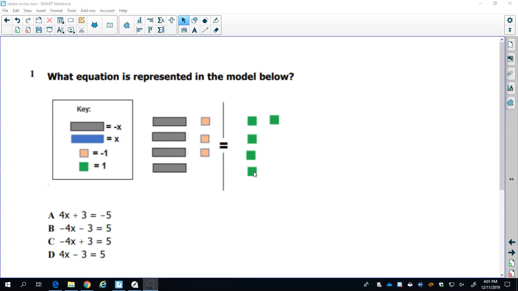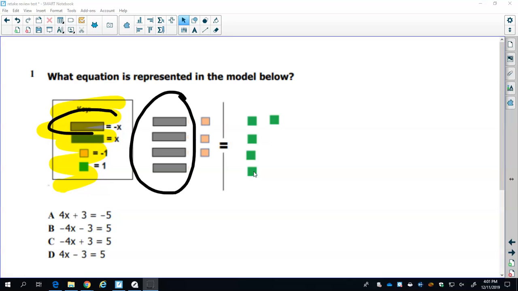With number 1, we have a model. So when we have a model, you're writing an equation from it. The main thing you need to look at, make sure you look at your key. And the key over here shows us that what we have here, these are negatives. And we have 4 of them, so this is negative 4x.